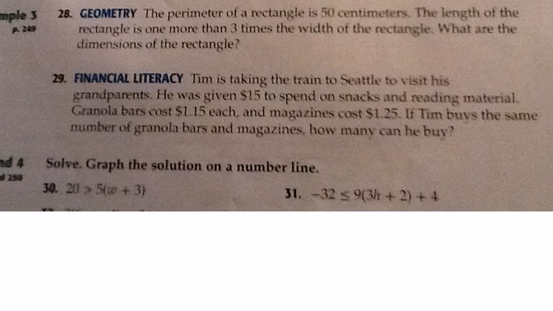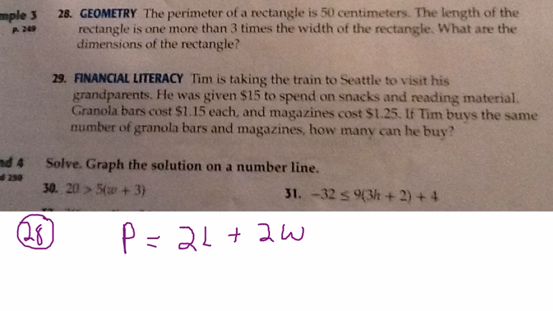We know that the perimeter of a rectangle, P, is equal to twice its length plus twice its width. Right, its perimeter is equal to 2L plus 2W.